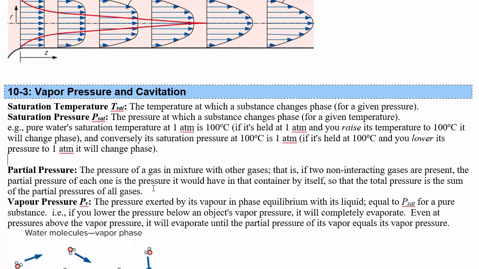Partial pressure is whenever you've got a gas in a mixture with other gases, then the partial pressure is the pressure that that specific gas would have if all of the other gases disappeared and that gas could fill up the volume by itself. So let's say the pressure in the room is 100 kilopascals, and you have one gas that has a partial pressure of 20 kilopascals.